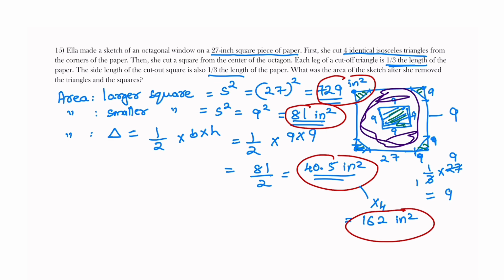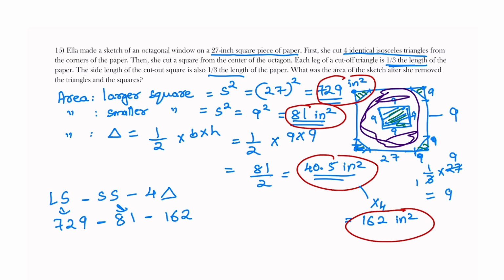So how do we do this calculation now? It's basically the larger square, that's the total, from which she has taken out a smaller square and 4 triangles, right? So that is 729, the larger square, minus the smaller square, 81, minus 4 times the triangle, that is 162.